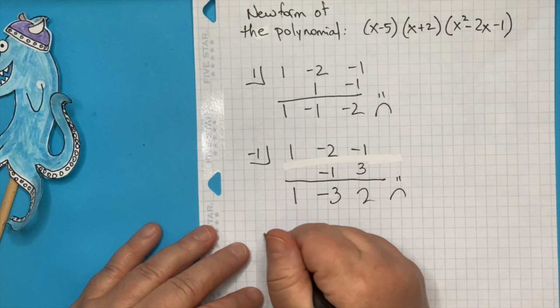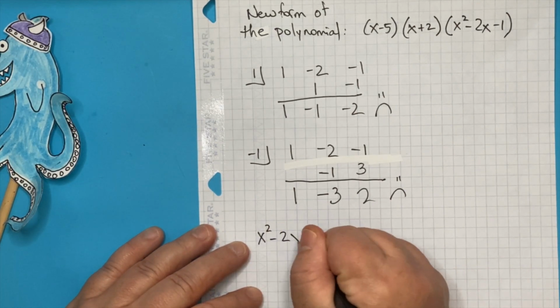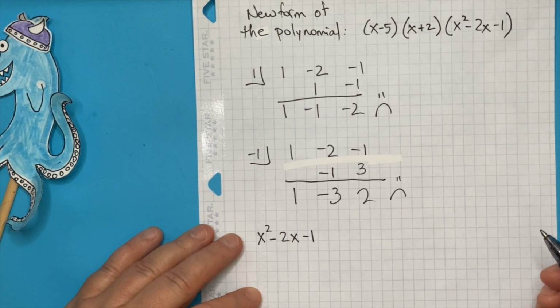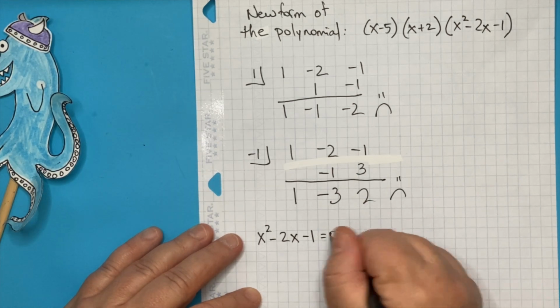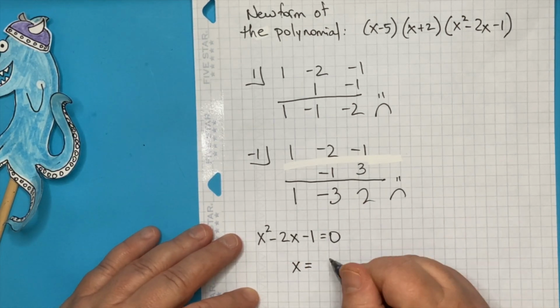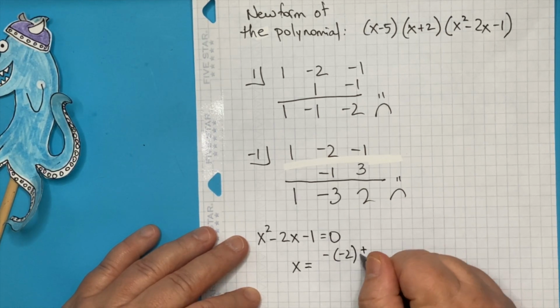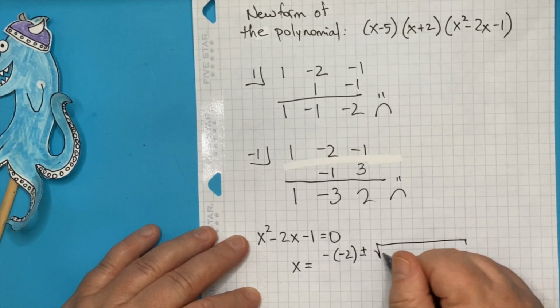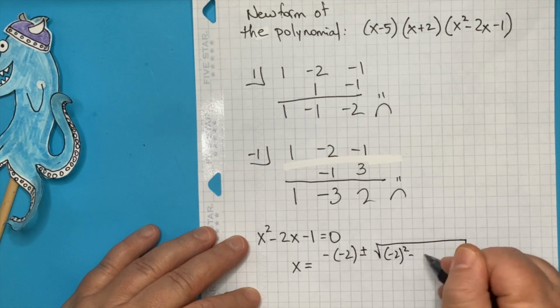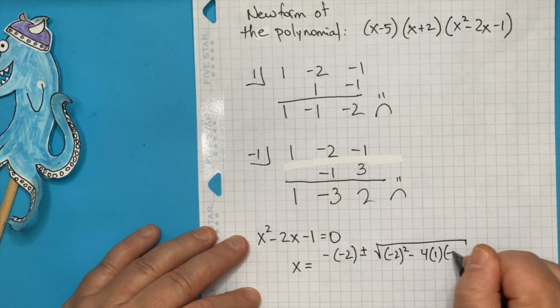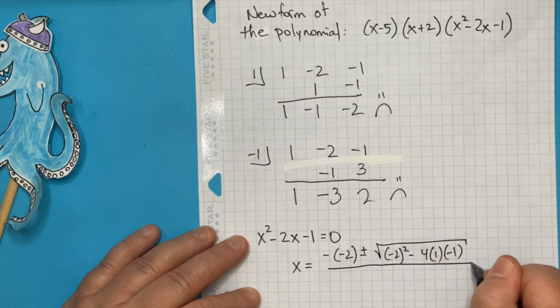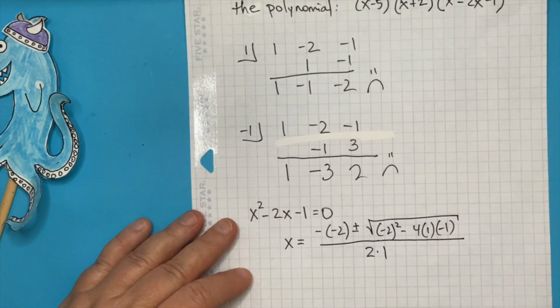So let's look at x squared minus 2x minus 1. If we set it equal to 0, we can use the quadratic formula. So it's the opposite of -2 plus or minus radical -2 squared minus 4 times a times c all over 2 times a.